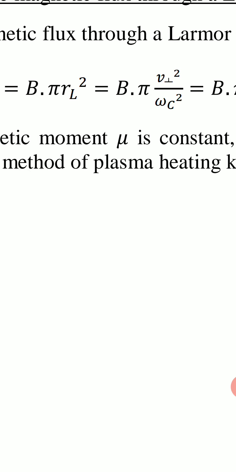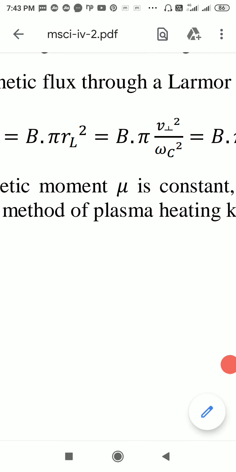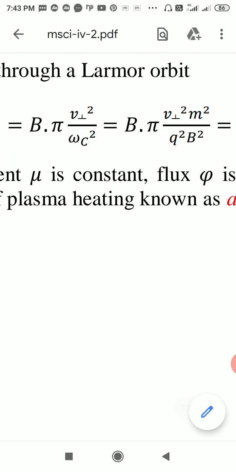V is V perpendicular, omega is omega c, the cyclotron frequency, and r is R L, the radius of that circular orbit. Now we put the value of omega c square. Omega c square is q square b square upon m square. The value of cyclotron frequency omega c is plus minus qb upon m. Put this value here.